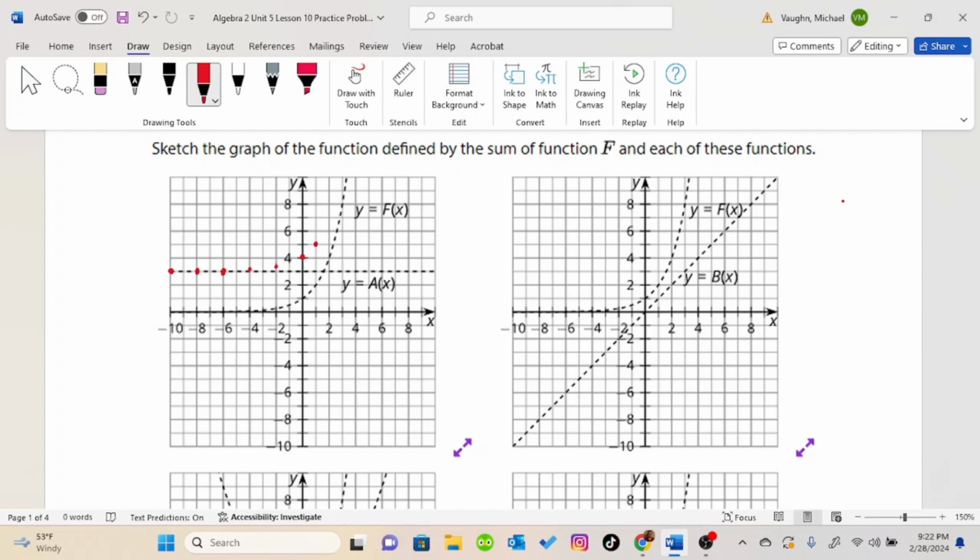At positive 2, it looks like we're at 3 and 4, which is 7. And at 3, it looks like we're at 3 and 8, which would be 11. So now we're off the graph.